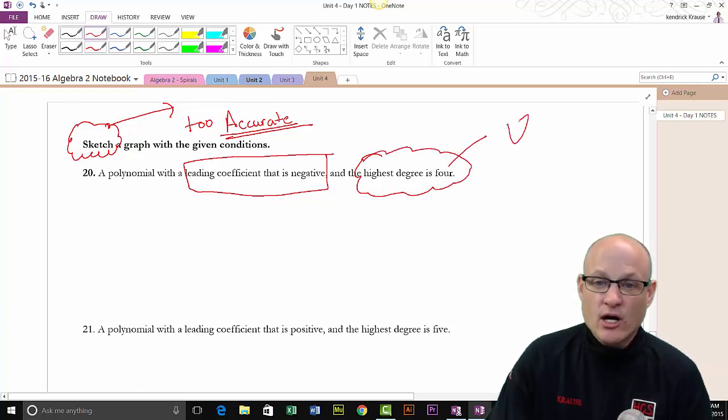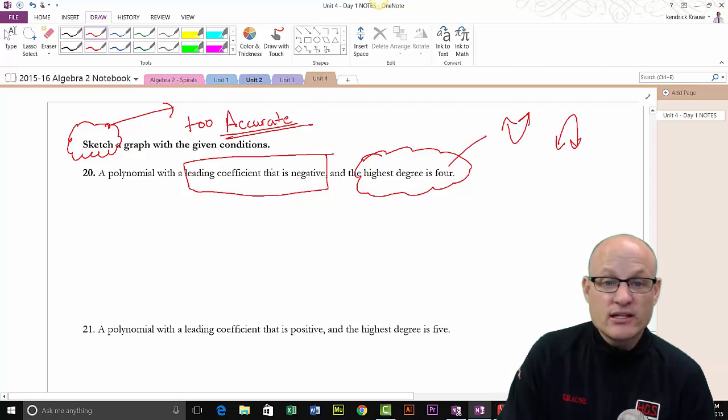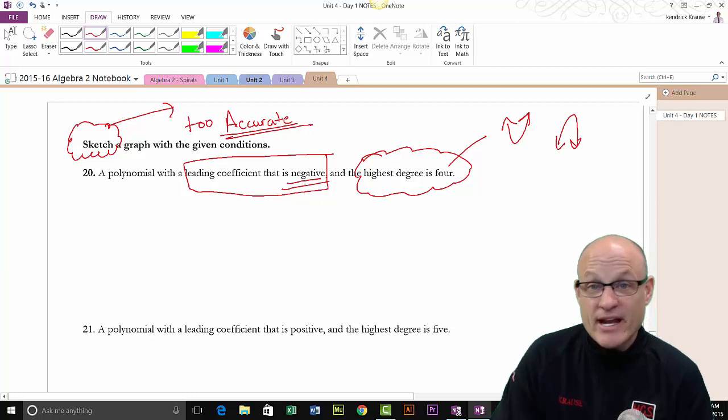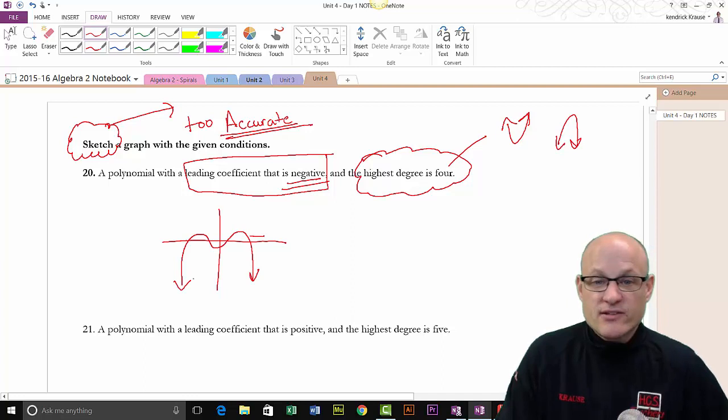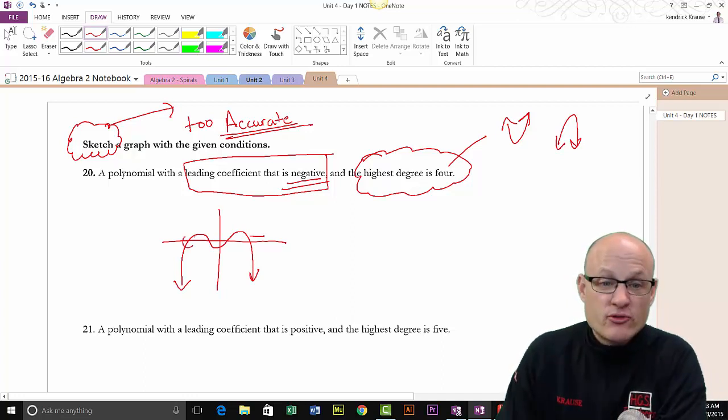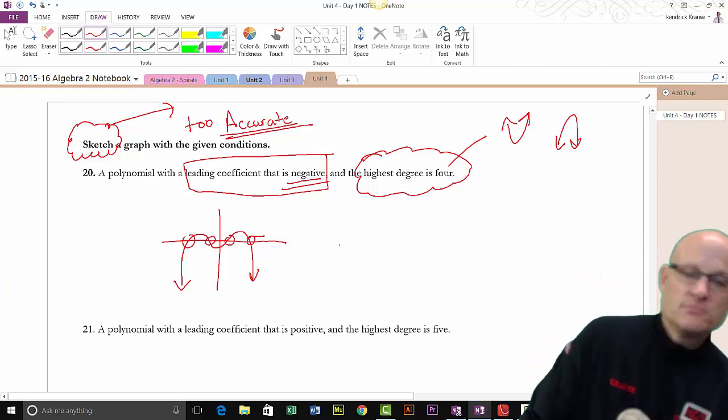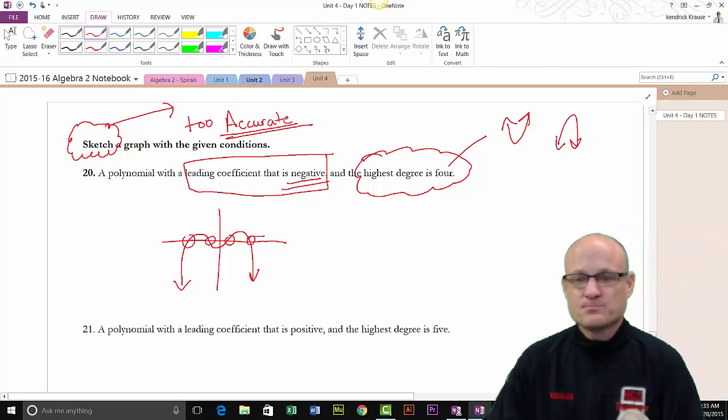Because it's even, they're going to go up or they're going to go down. Because the leading coefficient is negative, just like with negative parabolas, it's going to be coming down. So a quick sketch would look something like this. Since it's a 4th degree polynomial, the most number of solutions I can have is 4. And it's coming down.